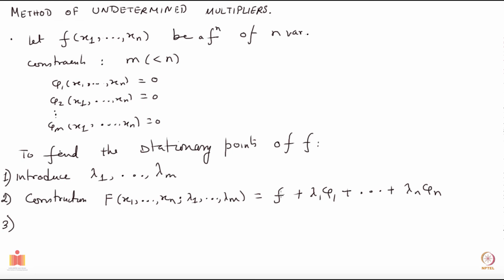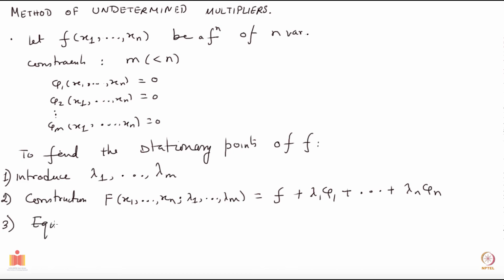But now in this case, you again take the partial derivatives of capital F with respect to all the variables and equate them to 0. It's exactly like the original procedure, but instead of acting the partial derivatives on small f, you act them on capital F. So let me write it down.